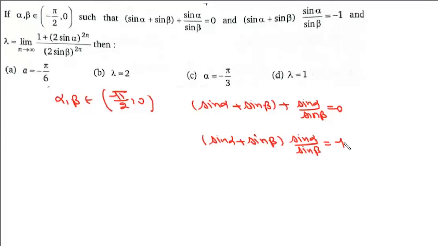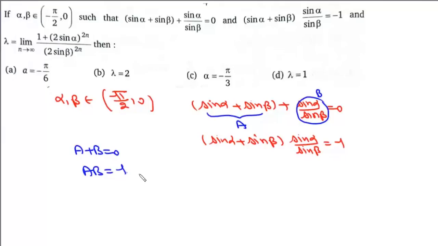Now we need to find this limit 1 plus 2 sin alpha to the power 2n upon 2 sin beta to the power 2n. Now suppose sin alpha plus sin beta is a and sin alpha upon sin beta is b, then a plus b is 0 and a into b is minus 1.